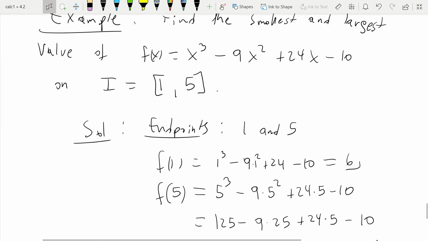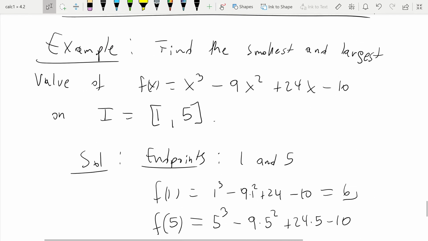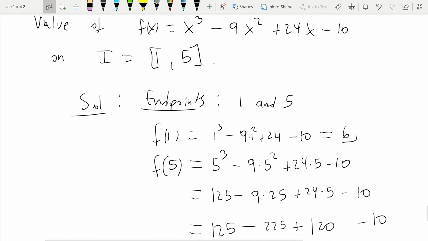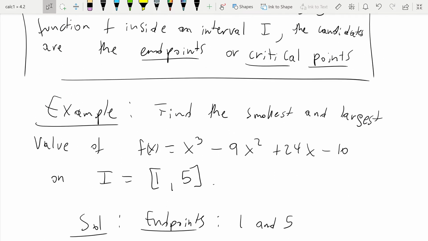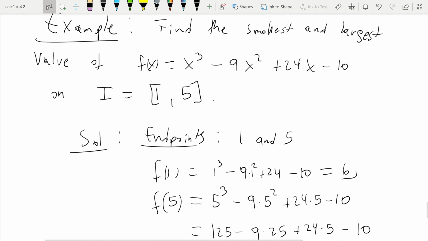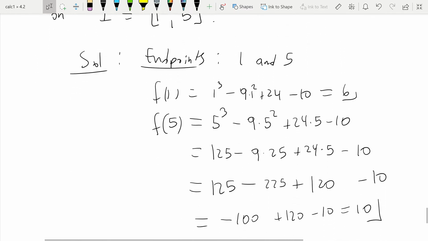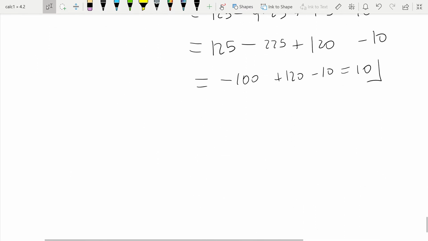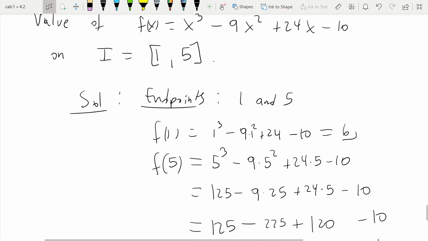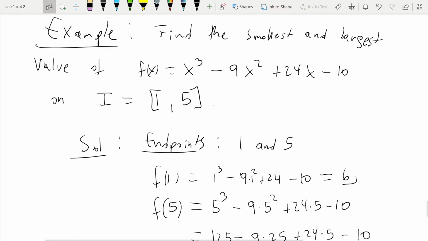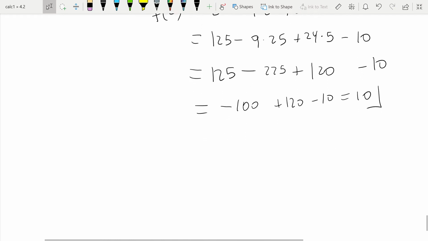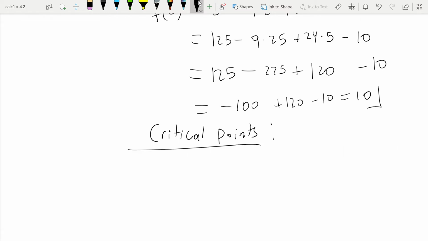Okay, so the candidates for the extrema are the endpoints 1 and 5, and the critical points. So we need to look now at critical points.